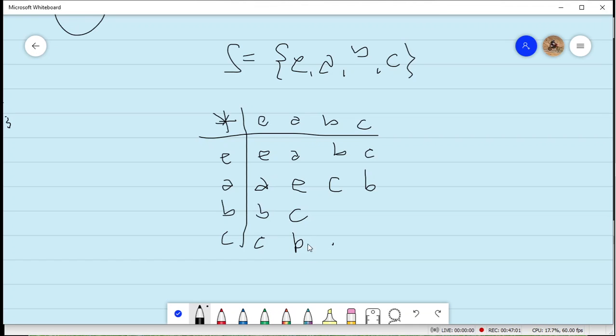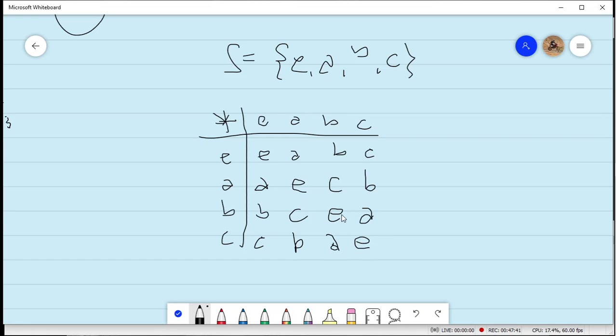Next, for this space, we can either put A or E. If we put E, then this would leave A for this place, and that would also leave A here and E here.